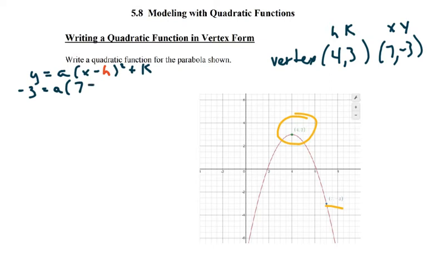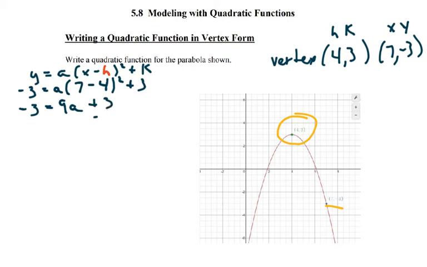H is 4 squared. And then plus our k value, which is 3. Okay, so now we want to do some math here. Let's go inside the parentheses and take 7 minus 4 and get 3. And then we square that. That gives us 9. So I'm going to rewrite -3 equals, and remember we just got 9 inside of there, and we're multiplying it by a on the outside, so that's 9a plus 3.